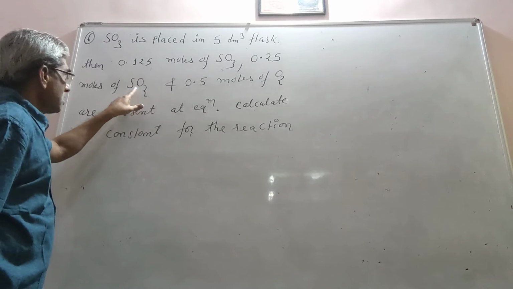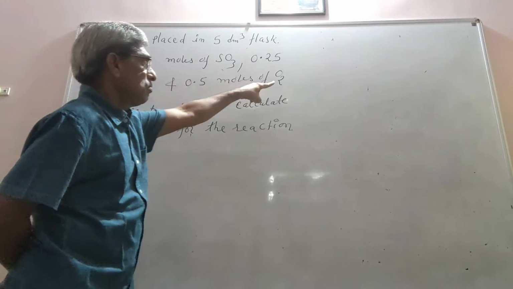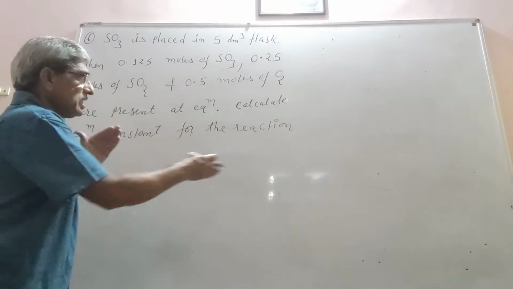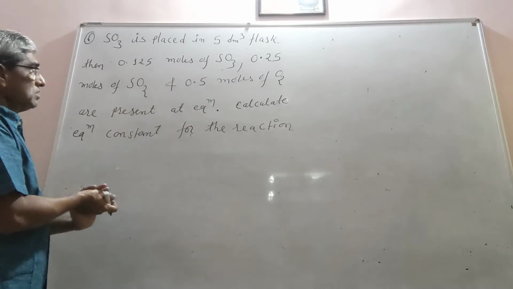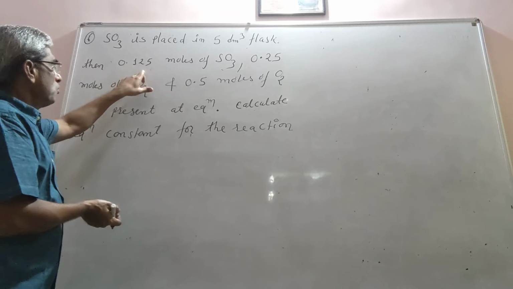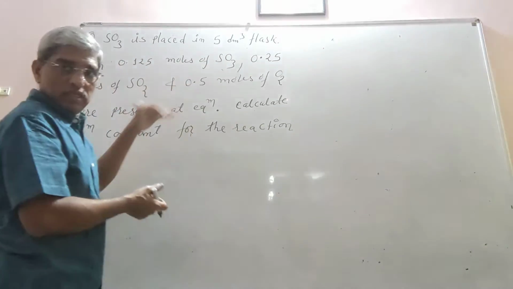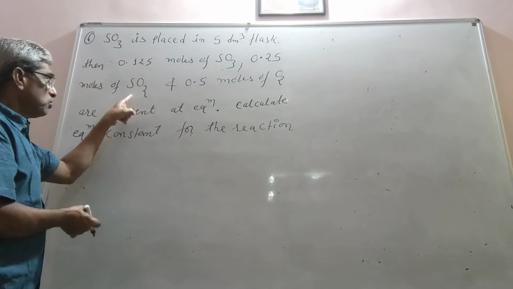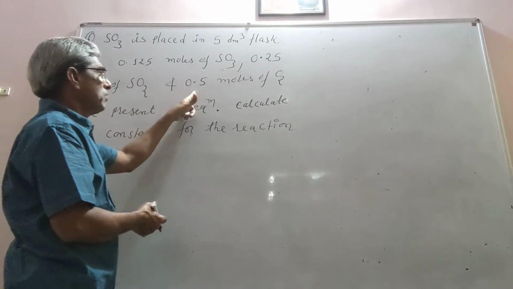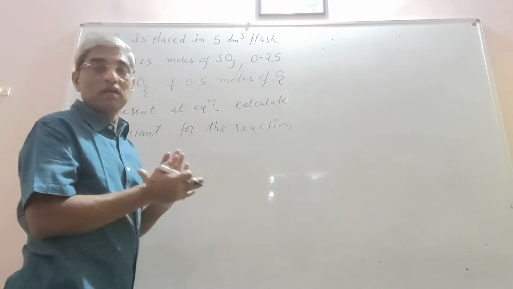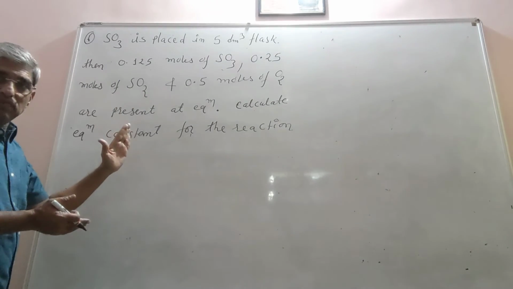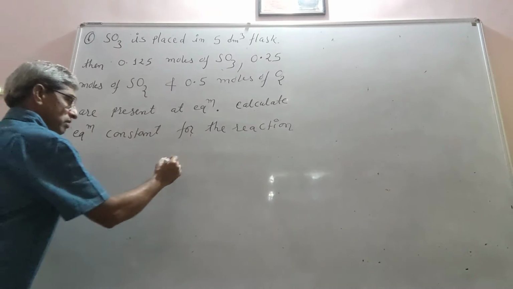Product number 1 is sulfur dioxide and product number 2 is O2. And then at equilibrium their moles are given. 0.125 moles of SO3, 0.25 moles of SO2, and 0.5 moles of O2 at equilibrium are found. And therefore, from the given information we can write the reaction.